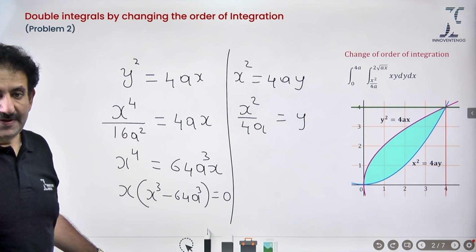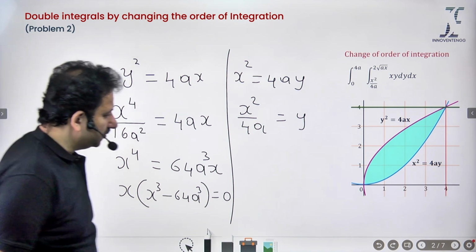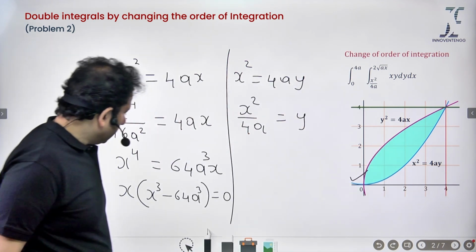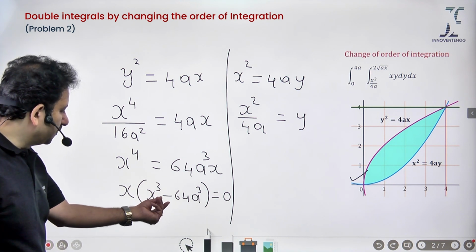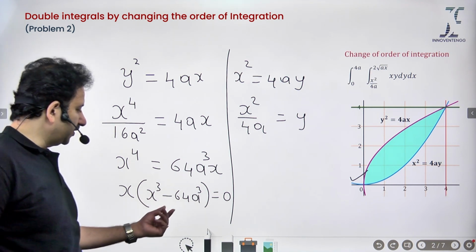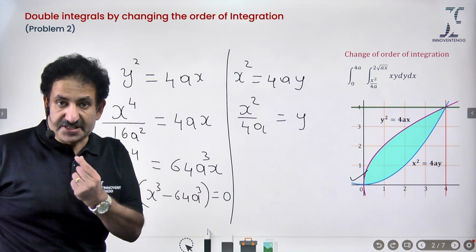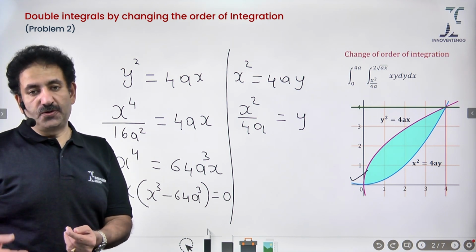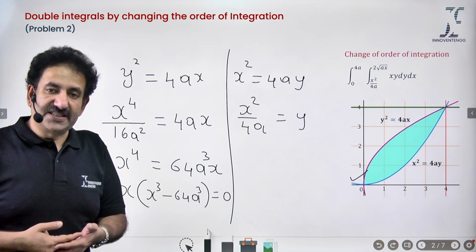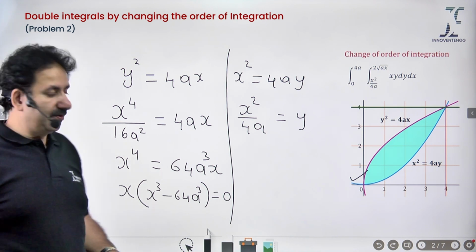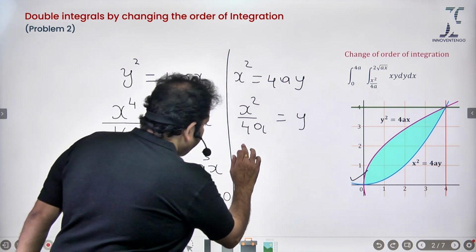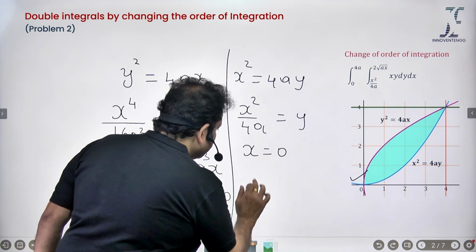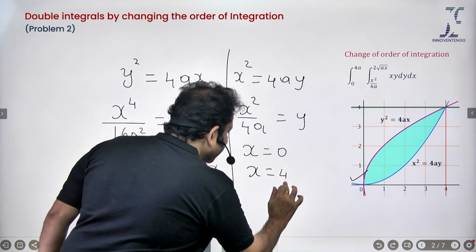Now I have got two possibilities. One is x equal to 0, or I have x cube is equal to 64a cube. Note that 64a cube is a perfect cube, because what is the cube root of 64? It is 4. 4 4s are 16, 16 4s are 64. So therefore, the two values I get: either x equal to 0, or x equal to 4a.